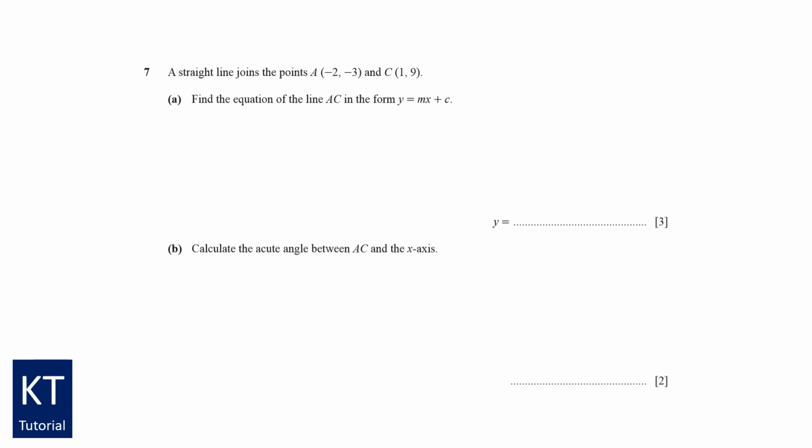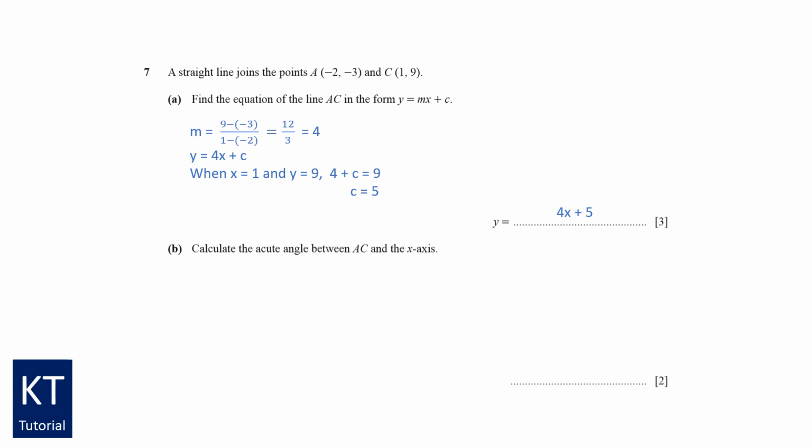Question 7. A straight line joins the points A (-2, -3) and C (1, 9). Find the equation of the line AC in the form y equals mx plus c. The essence here is to identify the values of m and c for the equation y equals mx plus c.